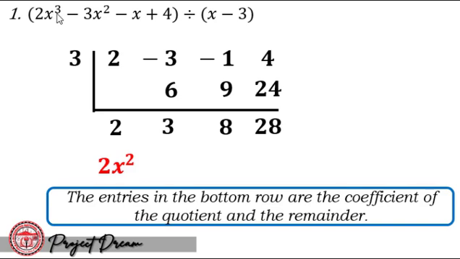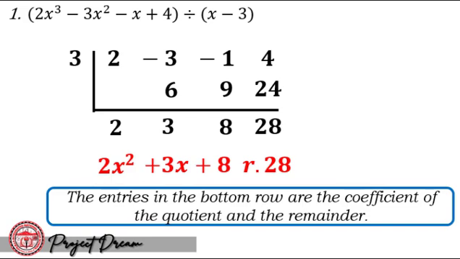Yung highest exponent po natin ay 3, ay babawasan po natin ng isa, so magiging 2 or yung tinatawag nating squared. So, we have 2x squared followed by positive 3x, plus 8, our constant, at ang atin naman pong remainder ay 28.